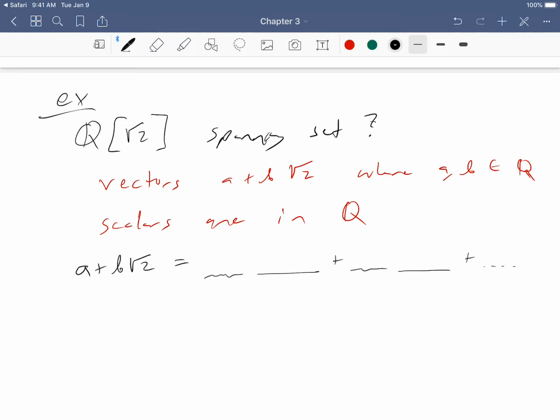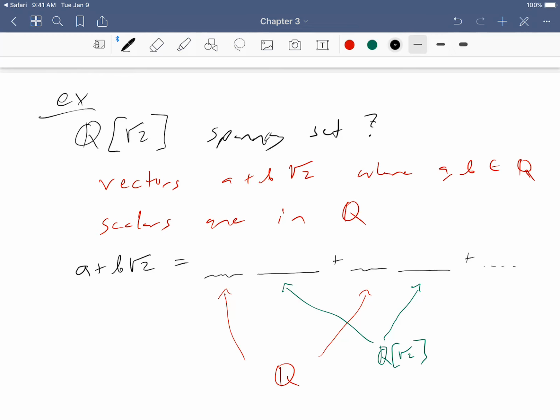Okay? And the scalars here are supposed to be from Q, and the vectors here are supposed to be from Q adjoin root 2. All right, and it turns out there's a really easy way to do this because we sort of do it already.